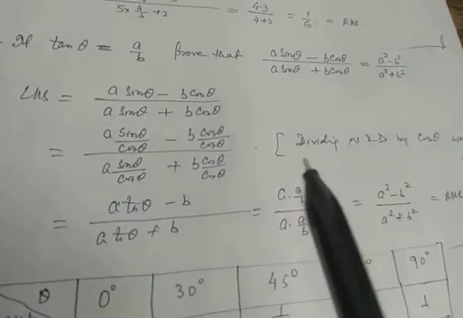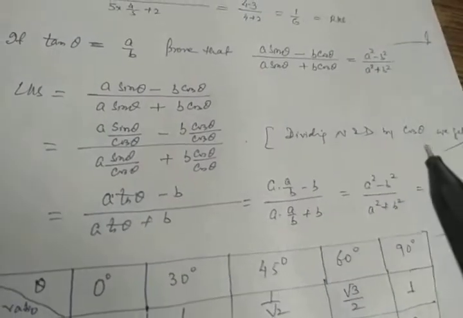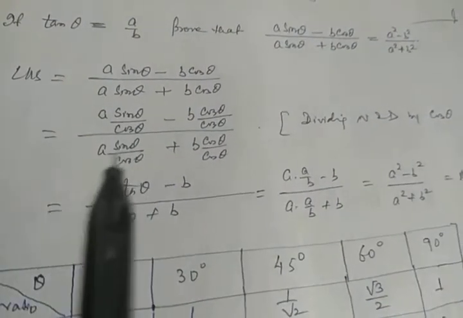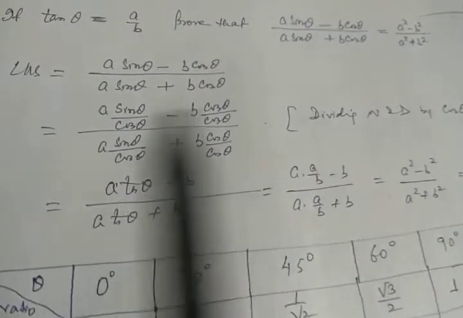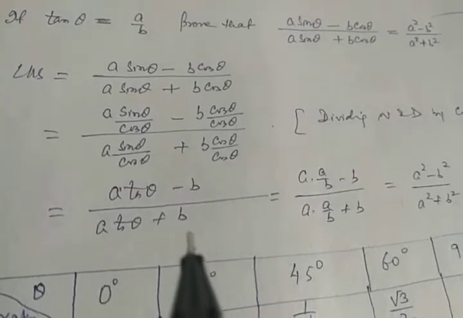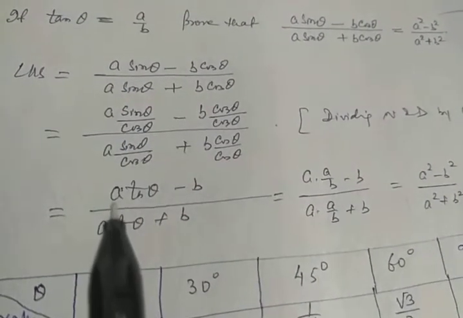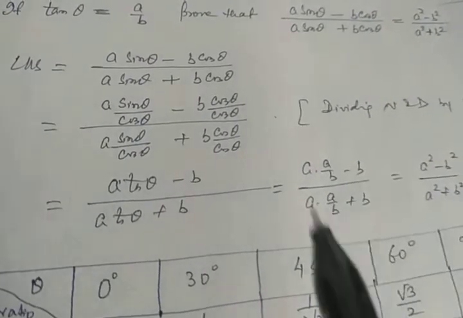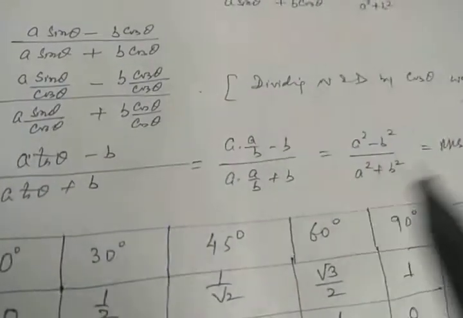Once again we divide numerator and denominator by cos theta. It will change into a tan theta minus b divided by a tan theta plus b. Now put the value of tan theta, that is a by b, and try to simplify, you will get the result. I think this type of problem is clear to you.